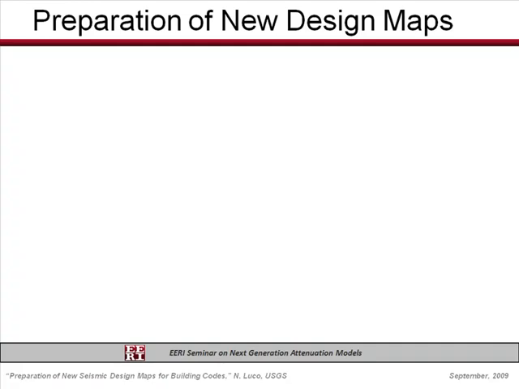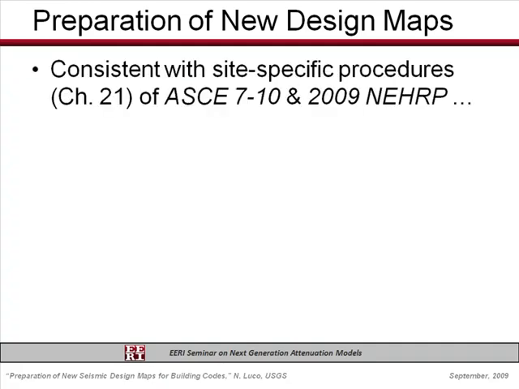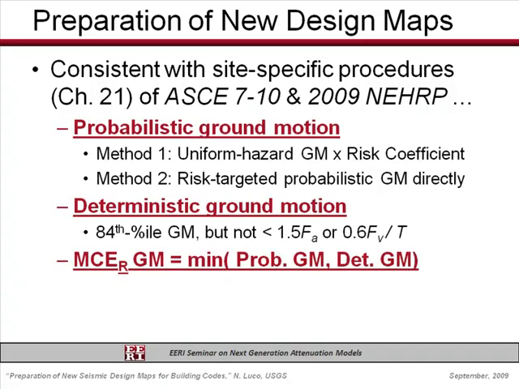So I'll start with preparation of the design maps. Again, it's consistent with the site-specific procedures, Chapter 21 of ASCE 7 2010 and the 2009 NEHRP provisions. And so more specifically, it's a combination of two things, really. Probabilistic ground motions and deterministic ground motions that, again, Charlie talked about. For the probabilistic ground motions in the site-specific procedure, you're given two options for how you can compute them.